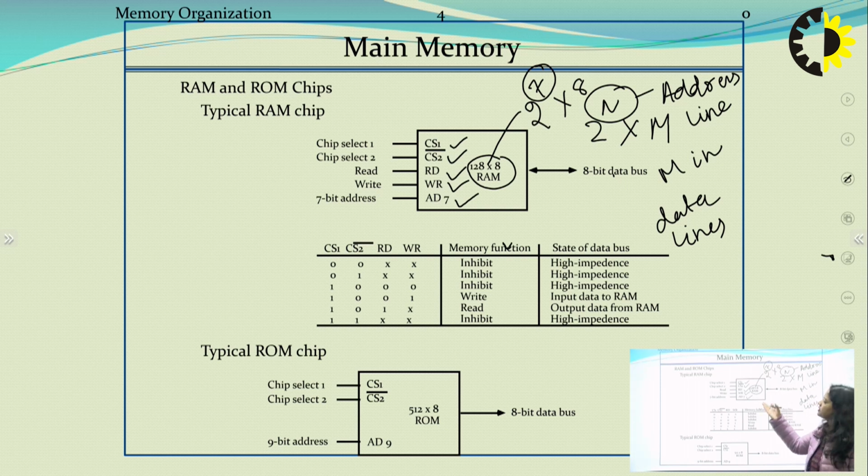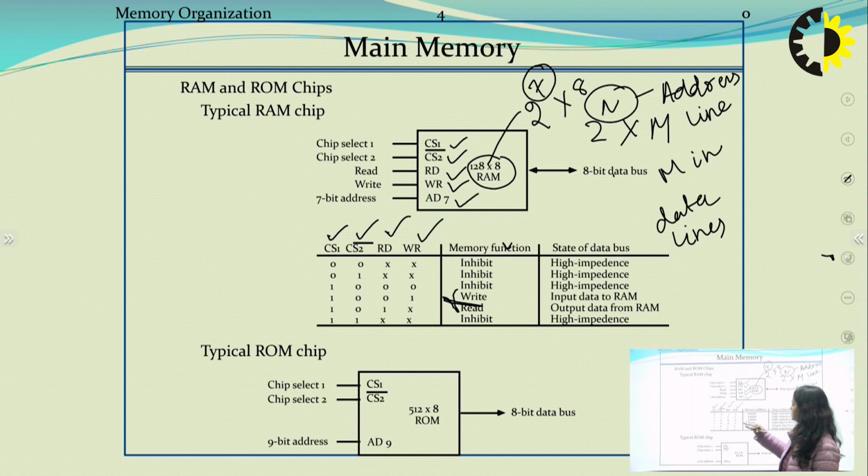In accordance with this block diagram, we have a truth table or a functional table for this chip for a single RAM. In this table, we have chip select 1 input, chip select 2 input, read input and write input, and accordingly, we have some functions for them.